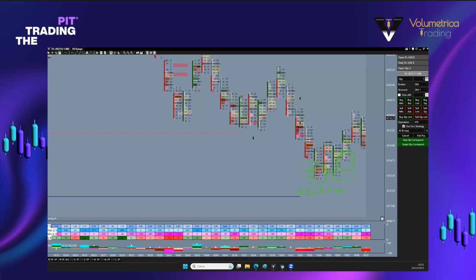On top of the absorption being validated once we spot the counterforce coming in the other way, we also had here exhaustion. Why exhaustion? Exactly for the reason I was talking about a couple of minutes ago.